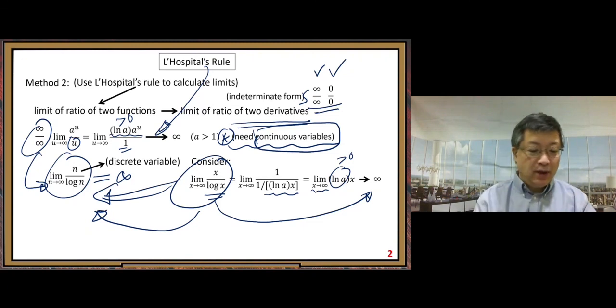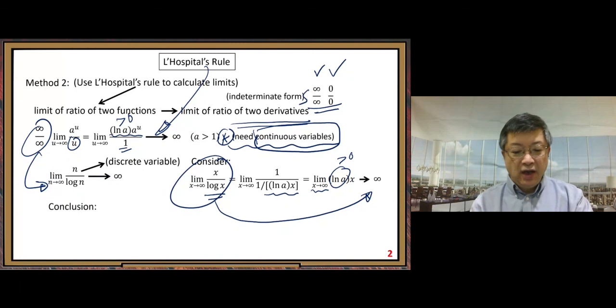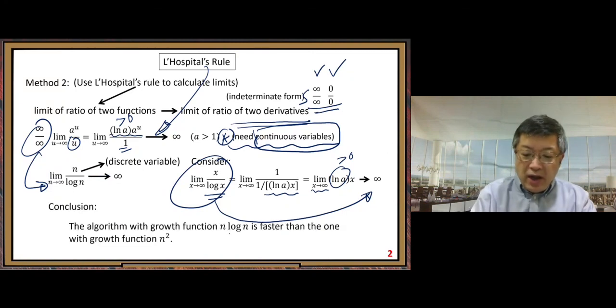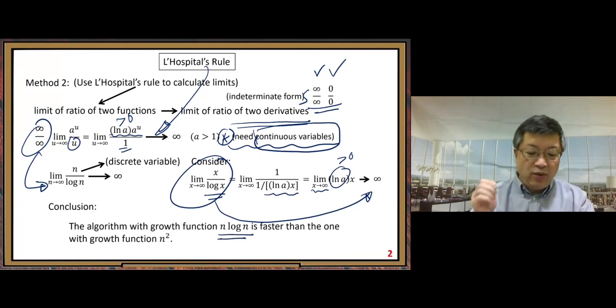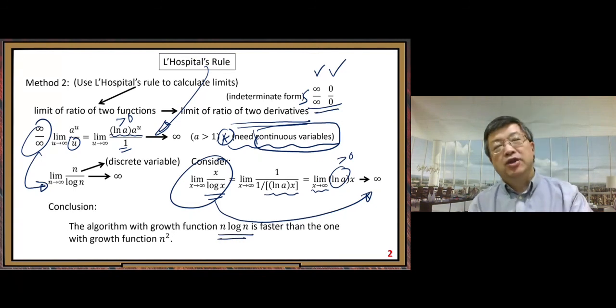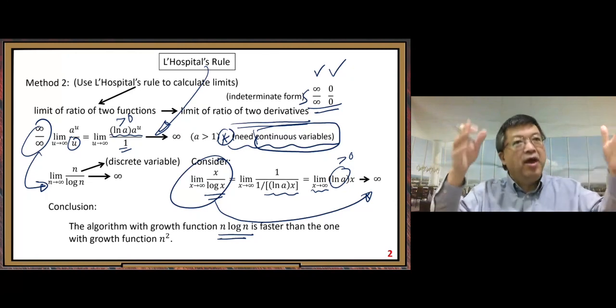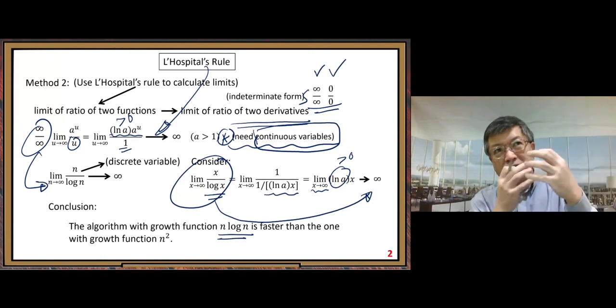All right. Our final conclusion. The algorithm with growth function n log n is faster than the one with growth function n squared. So method 2 is much faster than method 1, because when n is large, the ratio goes to infinity.